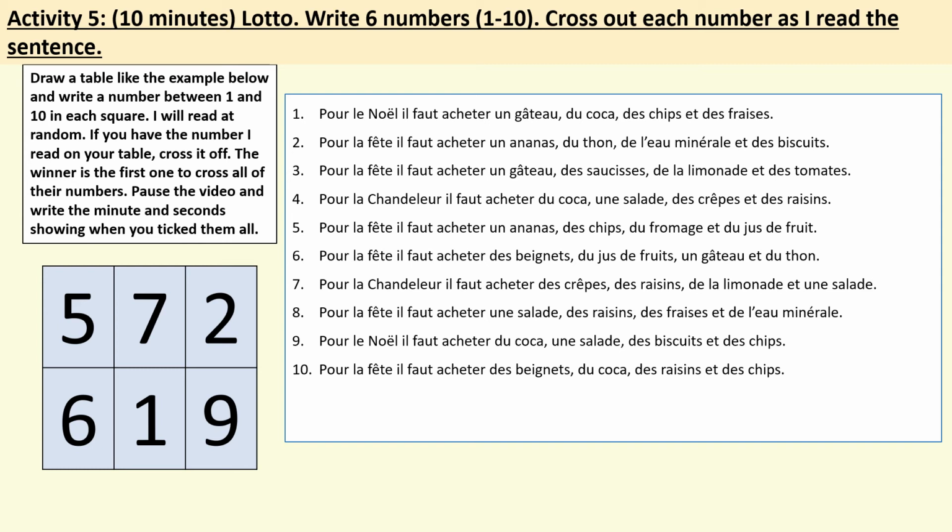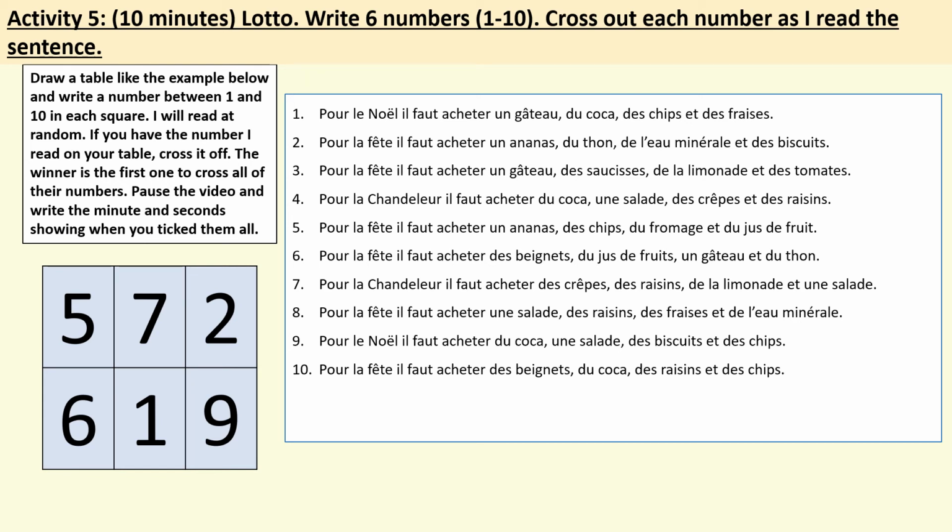Okay, I'm going with my first sentence now. Pour la chandeleur, il faut acheter des crêpes, des raisins, de la limonade et une salade. Say that again.